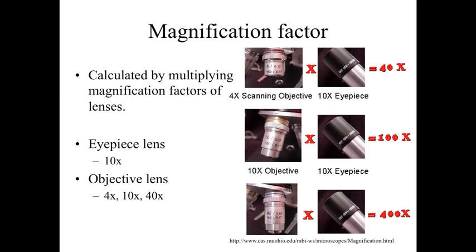Now, in most cases, the eyepiece, the ocular lens, is going to be a 10x objective, and the objective lens is essentially a variable lens that you turn, and you can choose a 4x, a 10x, or a 40x. So you would multiply a 4x objective times the 10x ocular eyepiece lens, and you get a magnification of 40. A 10x objective times the 10x eyepiece would give you 100. A 40x objective times the 10x eyepiece would give you 400.